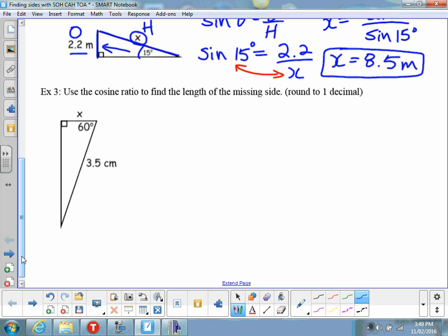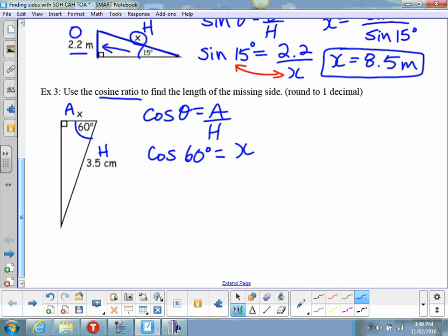The third one here involves cosine. Same thing, we're working with 60. This is my hypotenuse. This is my adjacent. So cos theta is adjacent over hypotenuse. So cos 60 degrees equals, and this time x is on top, it's the adjacent, and 3.5 here.